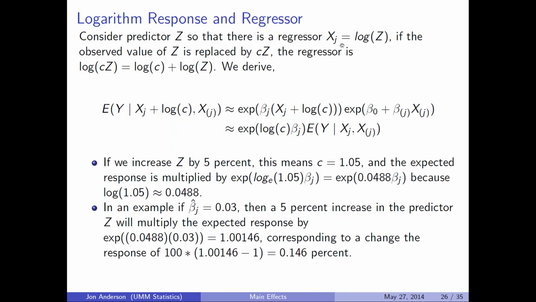Consider that there is a regressor z that has been expressed in the log scale, so that xj is log of z, and if you replace z with a little constant c times z, the regressor is therefore the log of c plus the log of z.